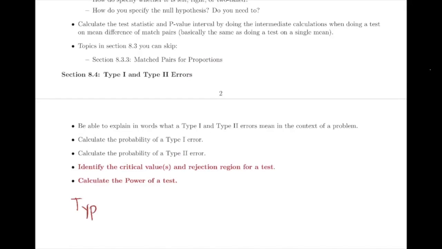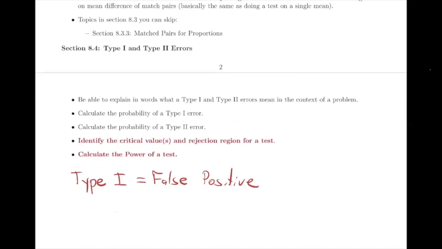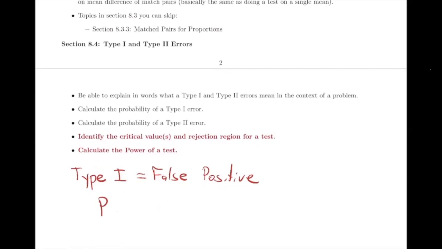So just to summarize these things over here, a type 1 error is a false positive. If we want to calculate the probability of making a type 1 error, this means we reject the null hypothesis even though the null hypothesis is true.